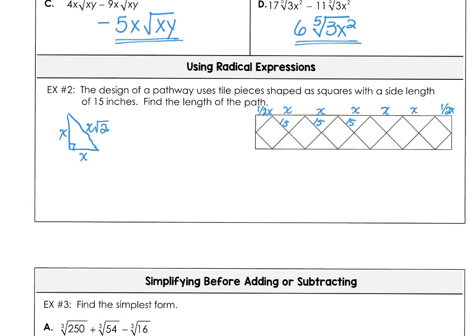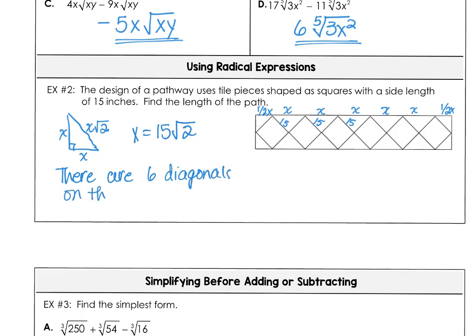So whatever our x is in any given side here, we know that the diagonal is 15 times the square root of 2. And we also see that there are 6 diagonals on the path.